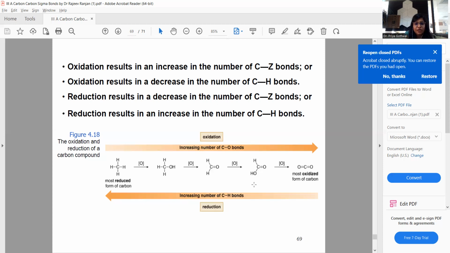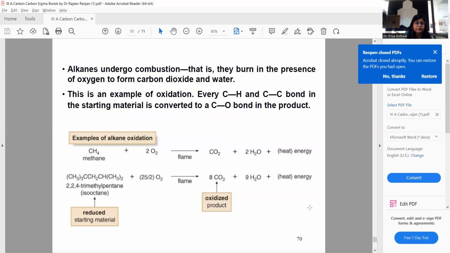So here we see an increasing number of carbon-oxygen bonds in oxidation, and an increasing number of carbon-hydrogen bonds in reduction. It is vice versa.